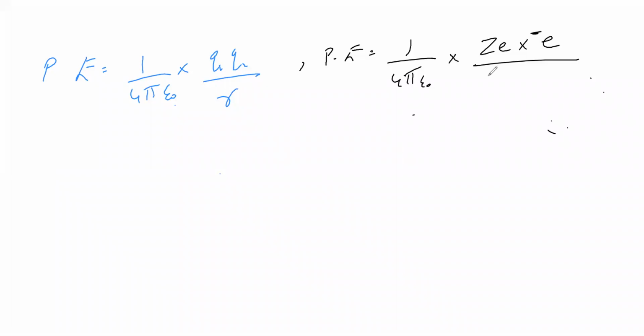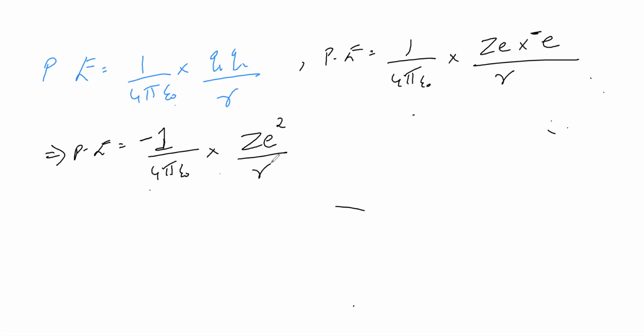Electron-electron repulsion into r. R square I am not putting, r I am putting, that's it. So I'll get potential energy is equal to 1 by 4 pi epsilon naught into Ze square, minus, and I can put it here by r.